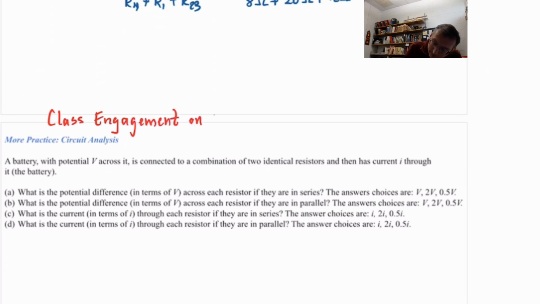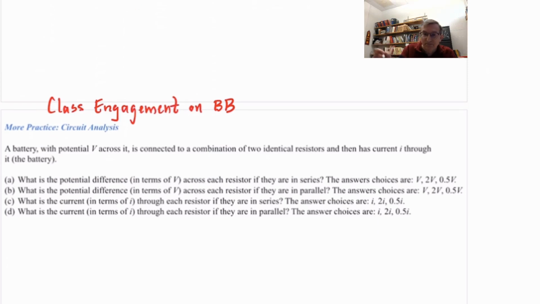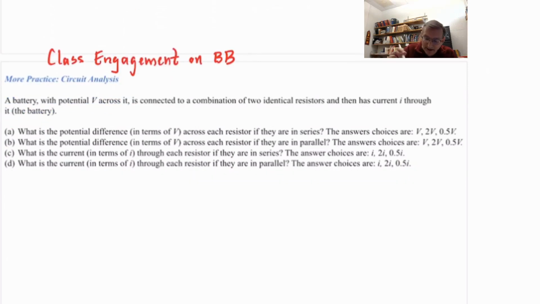For Blackboard. And here's what's going on. We have a battery with a potential V across it. You can think of that as its EMF. And it is connected to a combination of two identical resistors.